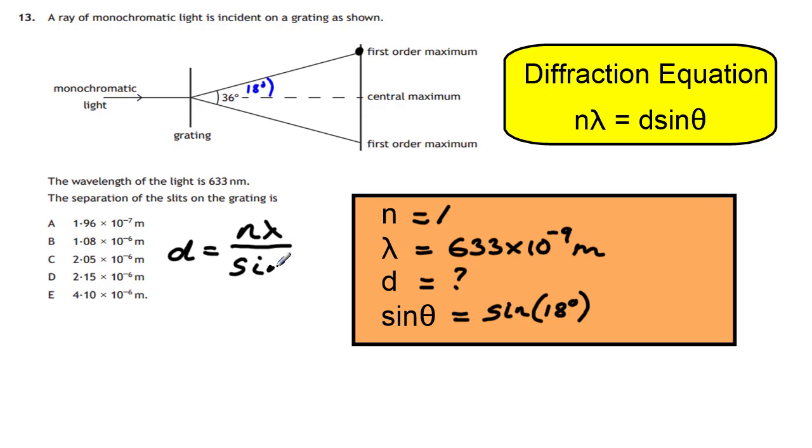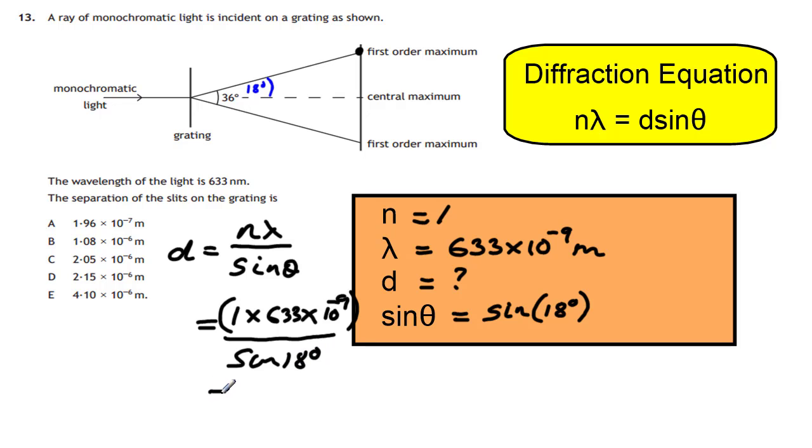So all we have to do now is plug in our numbers in the usual fashion. n being 1 multiplied by 633 times 10 to the minus 9. Make sure that's in a bracket. And divide that by sine theta, which is going to be sine of 18 degrees. Now, if you do that in your calculator, you should get an answer of 2.05 times 10 to the minus 6 meters.